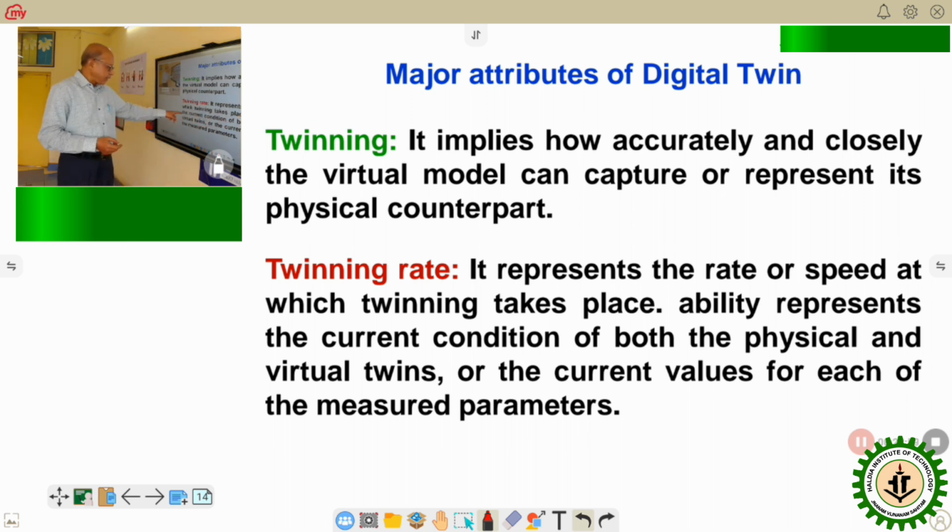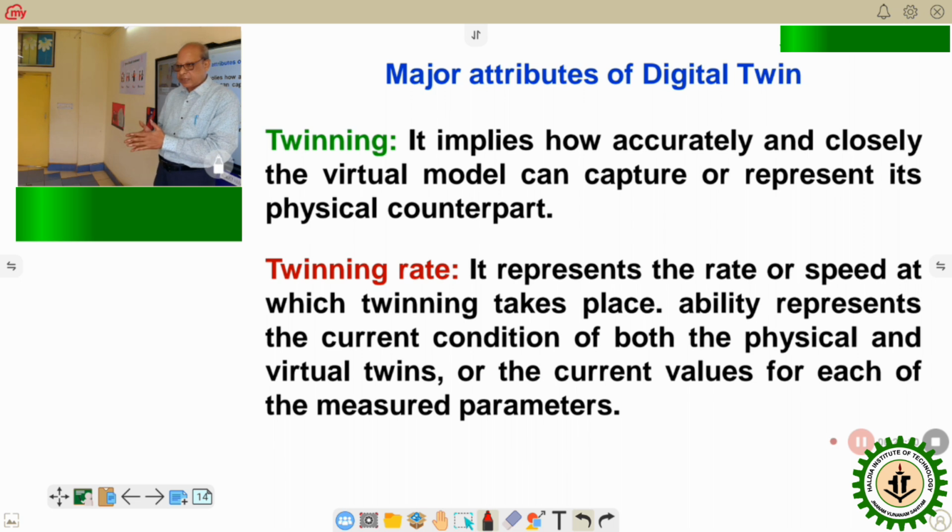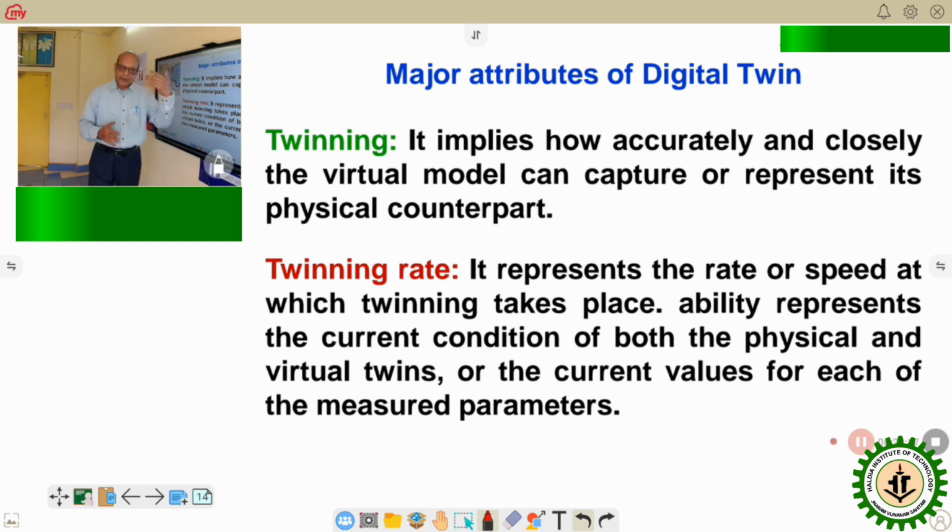Ability represents the current condition of both the physical and the virtual twins, or the current values for each of the measured parameters. Whatever changes are taking place in the physical world should be reflected immediately, almost without any loss or delay in time, in the corresponding virtual world. That is the necessity of twinning, and the rate at which this twinning, the digital image generation, takes place is called the twinning rate.